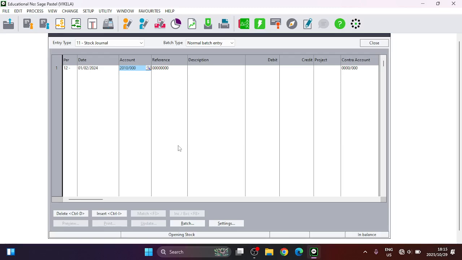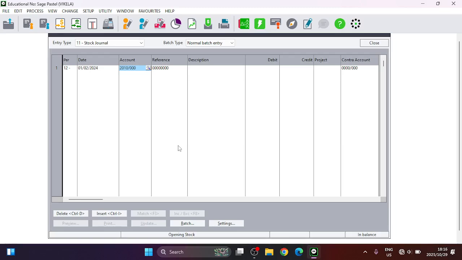Hence, you will have a trading stock figure. That figure is in the balance sheet. So it was last period or even last financial year, depending on the question. Let's assume for simplicity it was the last period, which was period 11.